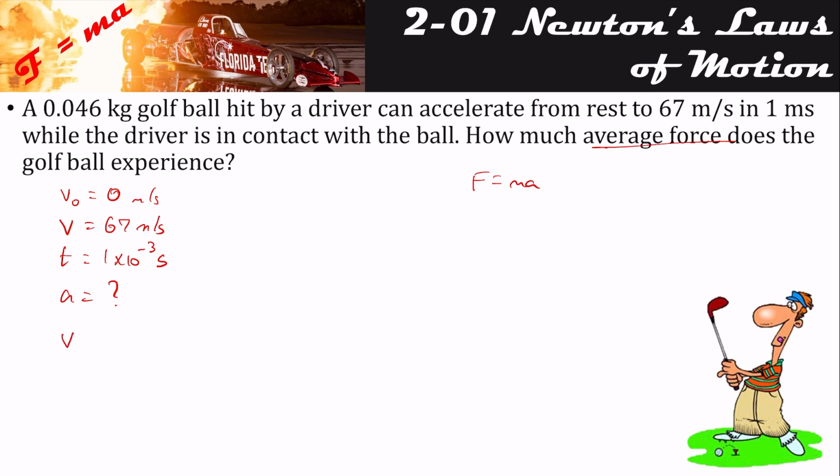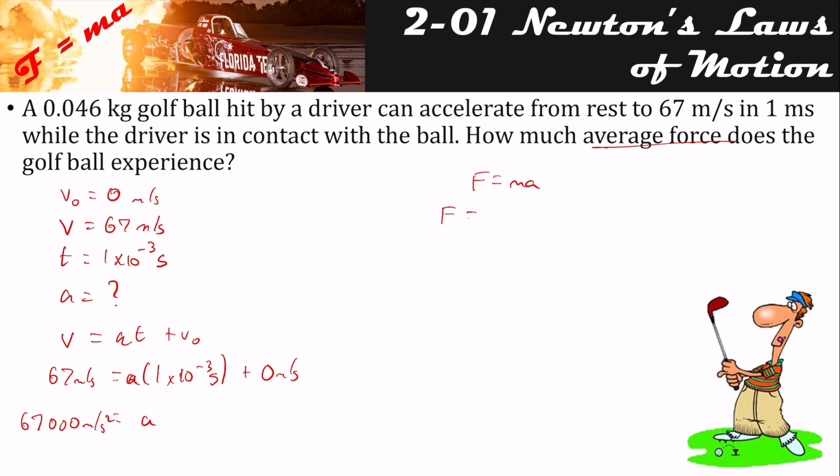So I could probably use v equals at plus v0. So it looks like I just need to divide by the 1 times 10 to the negative 3. And so we end up with 67,000 meters per second squared.